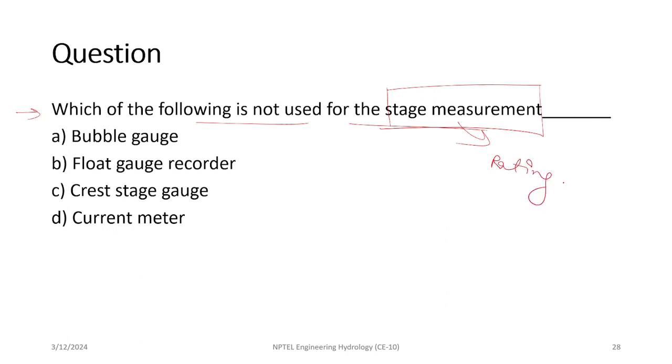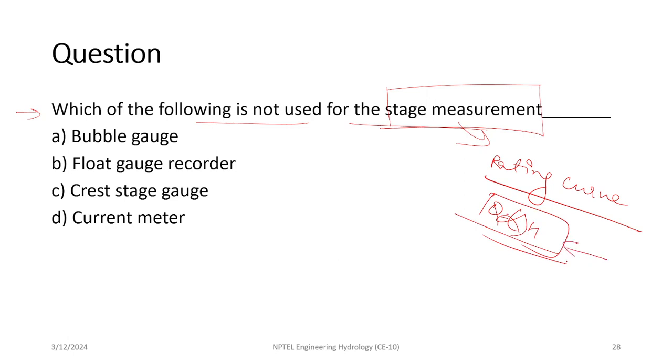Just as I mentioned here, that is the rating curve, Q in terms of H. This is a rating curve, a relation between discharge and stage. So for this case, stage measurement is important.